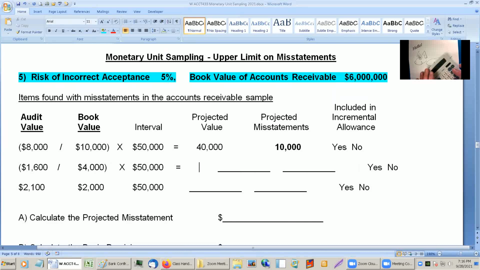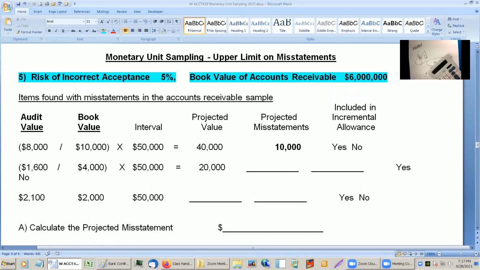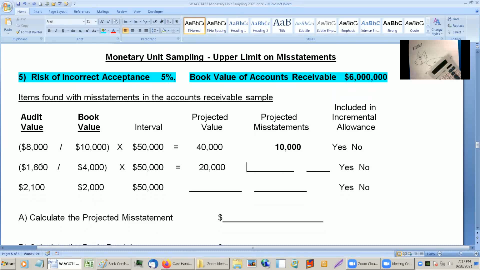Okay. So this is worth what, 20,000? Okay, so the misstatement would be 30,000.